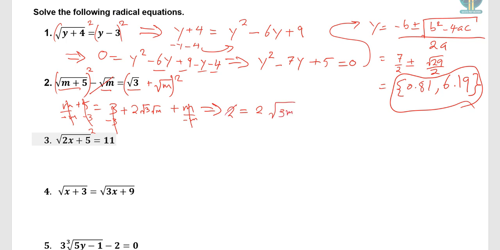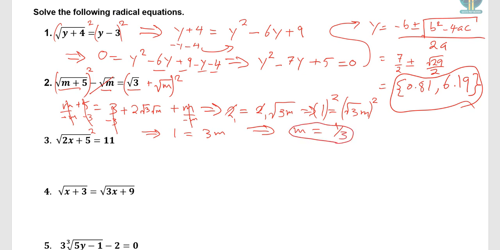Divided by 2 is 1, divided by 2 is 1. So 1 equals square root of 3m. We can square both sides to get rid of the square root, which gives us 1 equals 3m, so m equals 1/3.